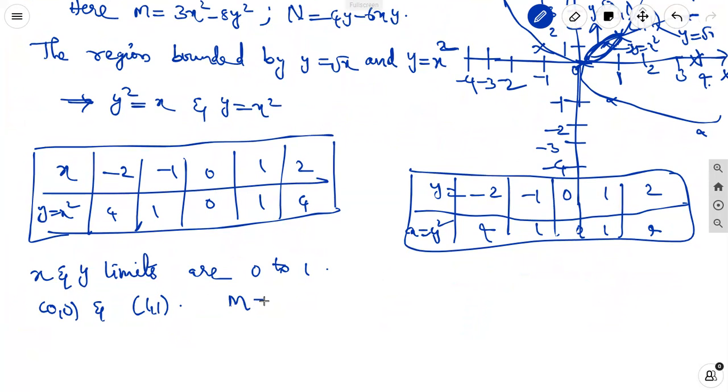Here we calculate ∂M/∂y and ∂N/∂x for the double integration.